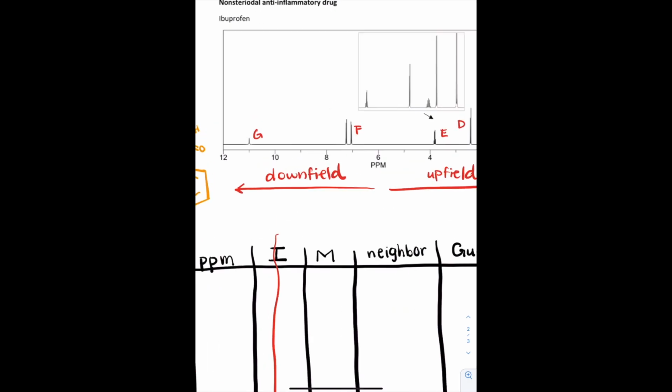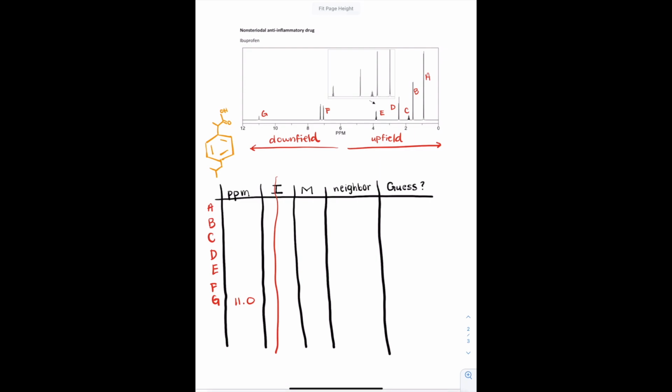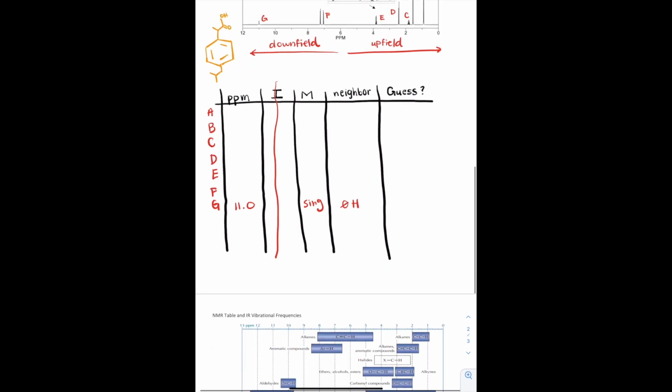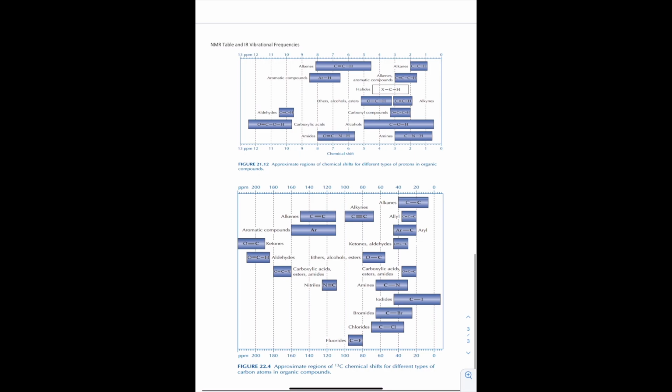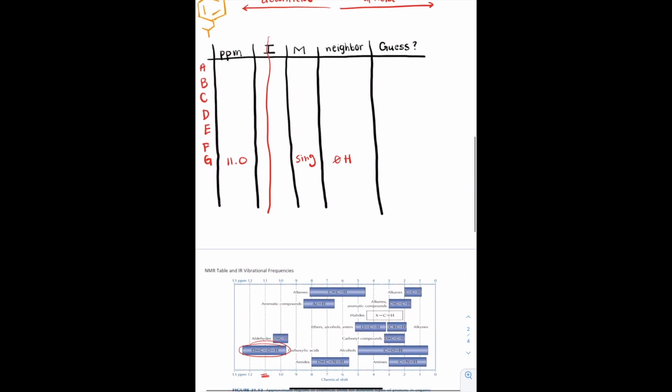So the multiplicity for this, it looks like a singlet. So we're going to do singlet. That means the neighbor will not have any hydrogens. So we're going to come down here to our handy dandy chart, look for 11 ppm, and here you will see it's indicative of a carboxylic acid.